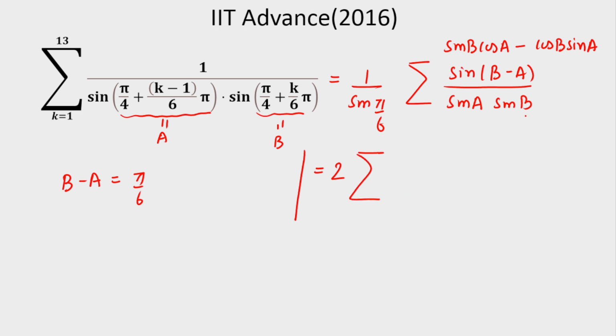Sine B upon sine B will cancel out, cos A upon sine A is cot of A, minus sine A and sine A will cancel out, cos B upon sine B is cot of B.